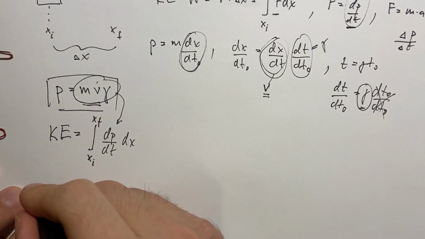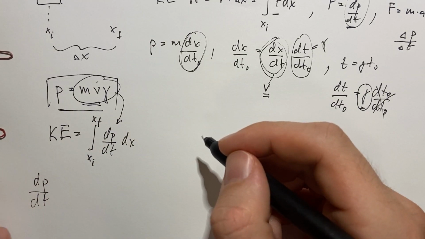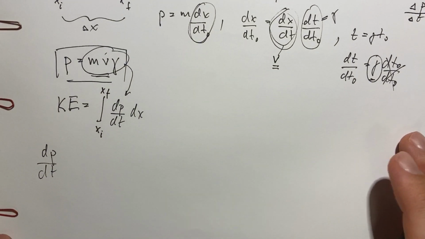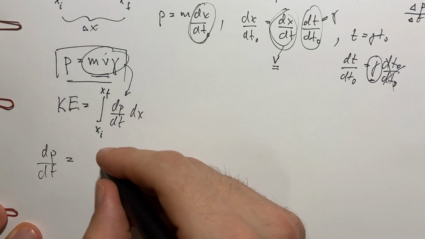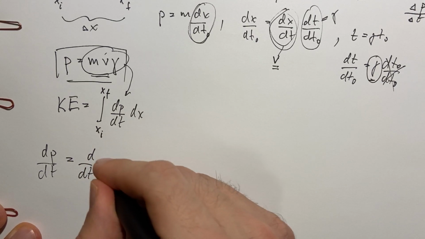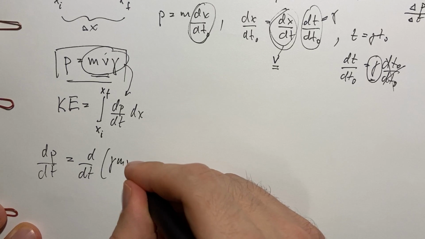So we need dp over dt in order to solve this integral. Well, dp by dt equals d by dt of gamma mv, right?